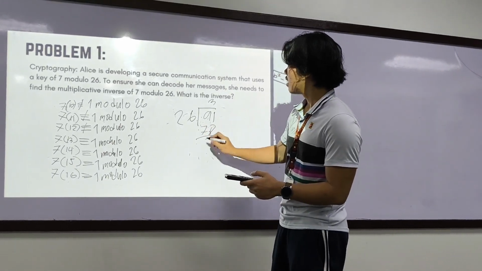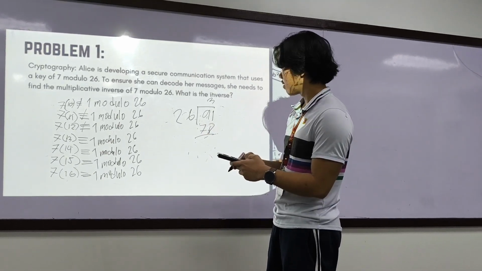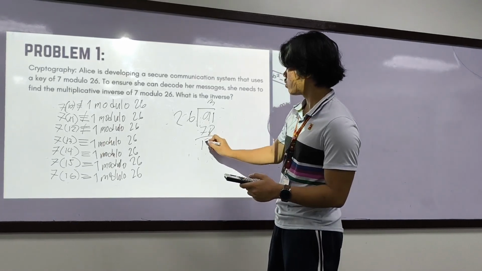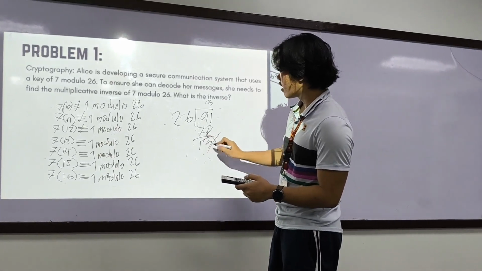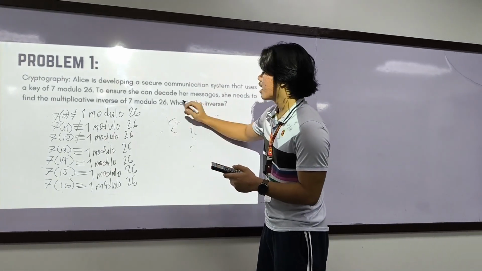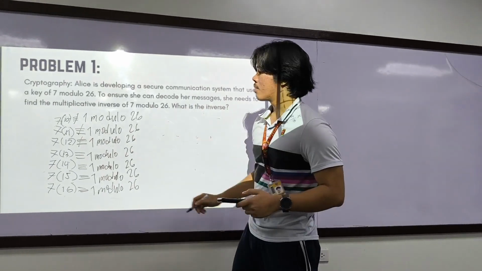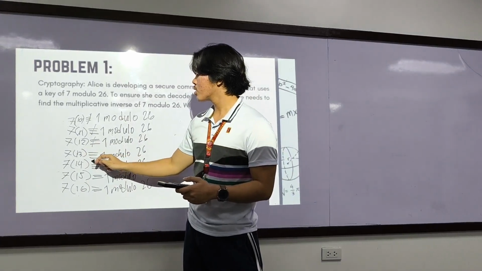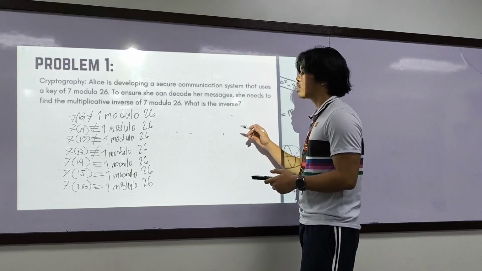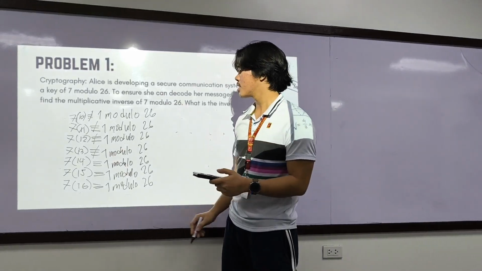And 91 minus 78 is equal to 13. So, not 1. We could conclude that 7 times 13 is not congruent to 1. So number 13 is not the multiplicative inverse of 7 modulo 26.